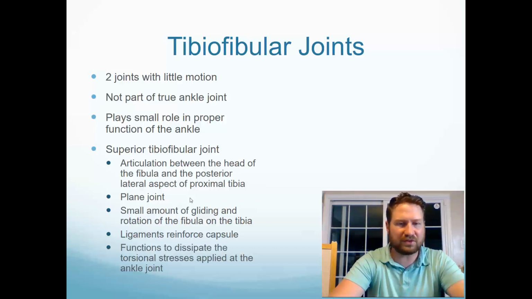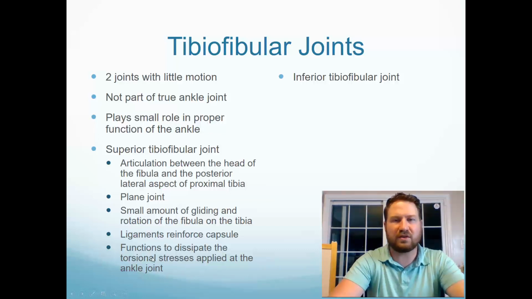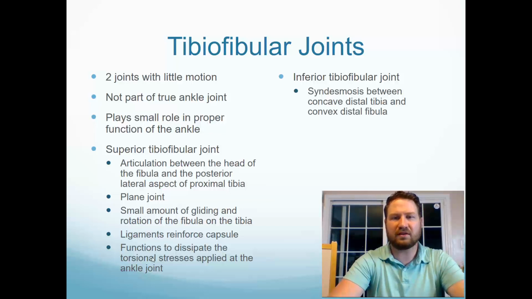Very ligamentous to reinforce the capsule. It functions to dissipate the torsional stresses applied at the ankle joint. So if it's hypomobile and it's not moving, it's not going to be able to dissipate those ground reaction forces coming up. Our inferior tibiofibular joint, that's the one at the bottom. That's a syndesmosis between the concave distal tibia and our convex distal fibula.